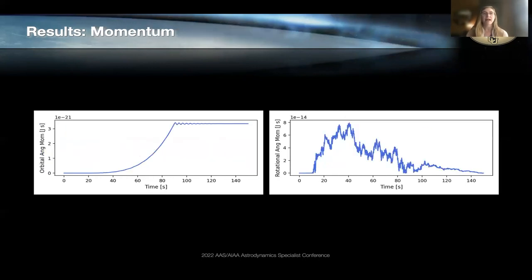We wanted to look at how the momentum and energy were affected. More analysis definitely needs to be done here, but the simulation keeps track of the spacecraft momentum and energy states, so we were able to take a look at how those are looking.